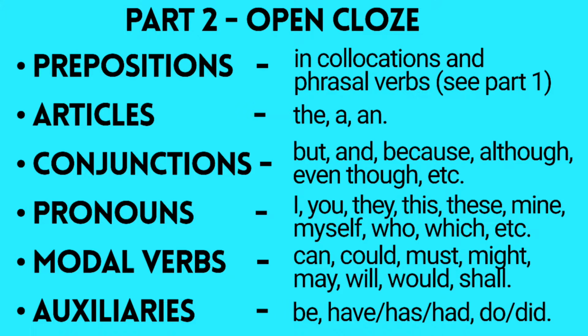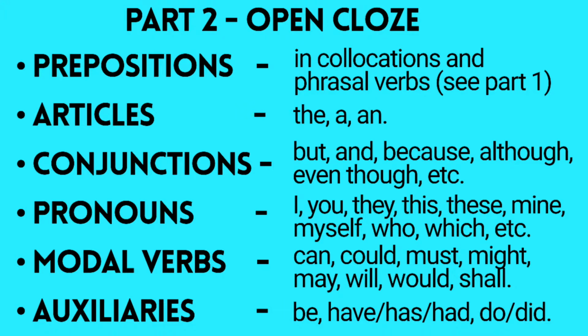Articles are very important, so the, a, an. Conjunctions and linking words, for example, but, and, because, although, even though, etc. So these are all words you should know. Pronouns, some simple pronouns, he, she, they, we. Some more complicated pronouns perhaps, but these will be pronouns you know.